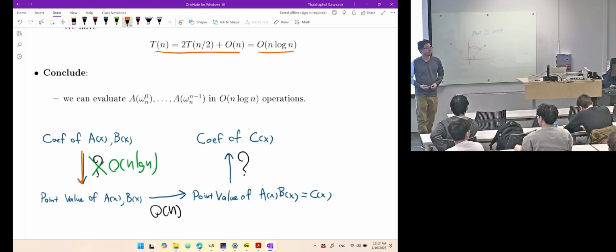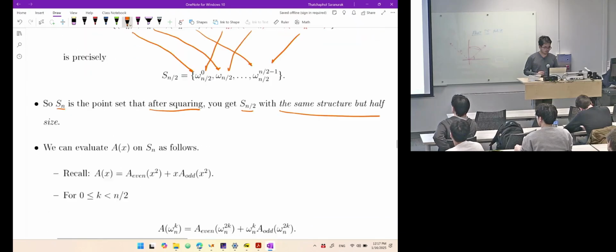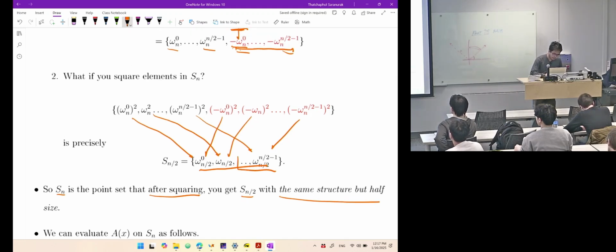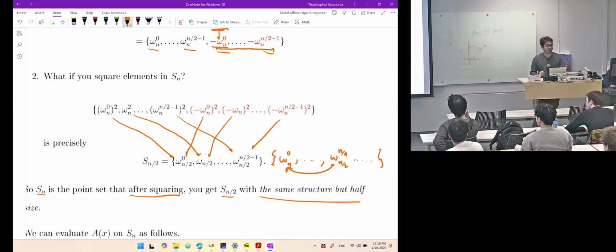Can you just go back up to the S of n over 2? Can you show which ones are pairs of negations in that? This one? Yeah. The second half of this is going to be like this one to the n over 4, and this one, they are negations of each other.